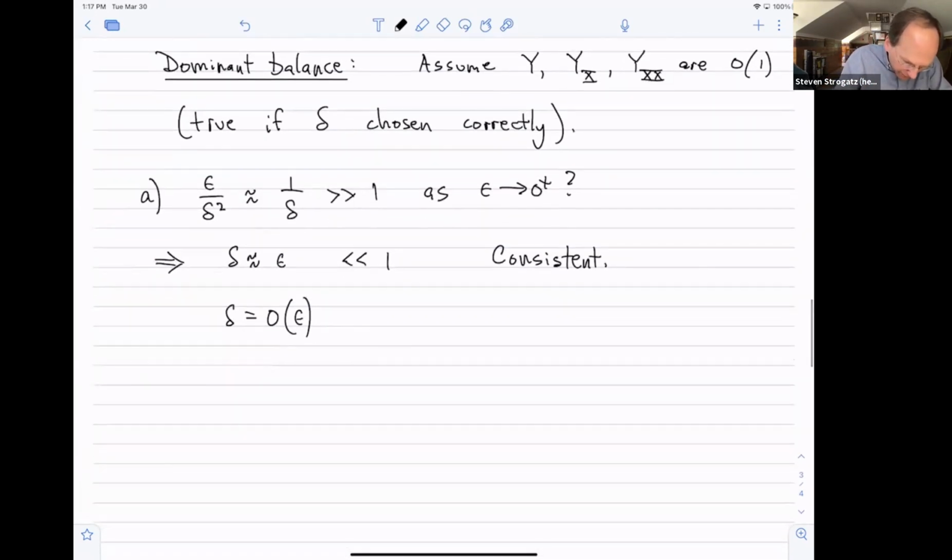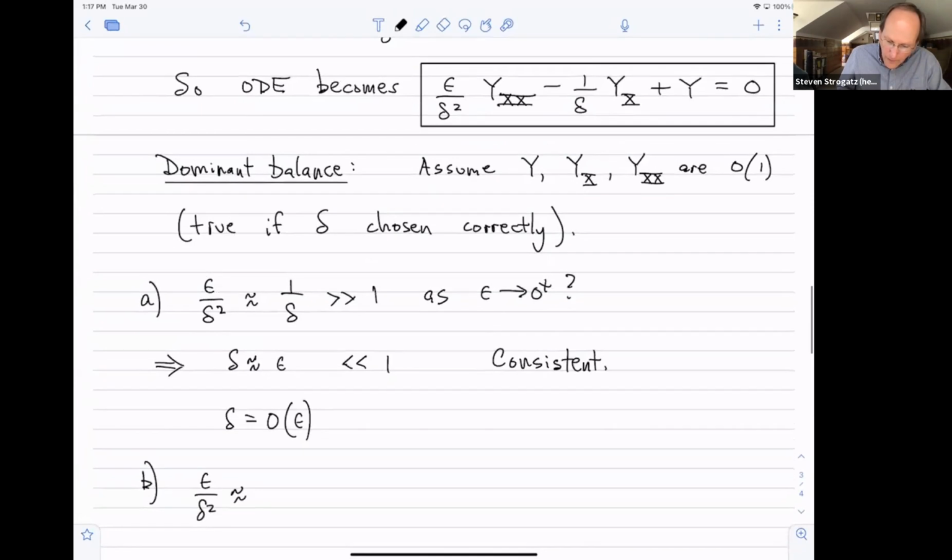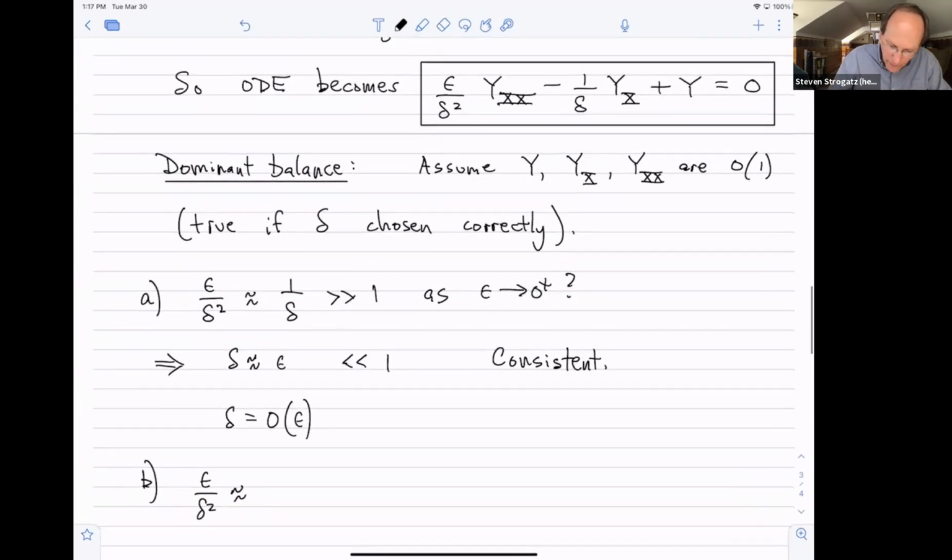Now let's consider other possible balances. Another possibility would be epsilon over delta squared being the big term, balanced by the order 1 term sitting here, and both of them are much bigger than 1 over delta.